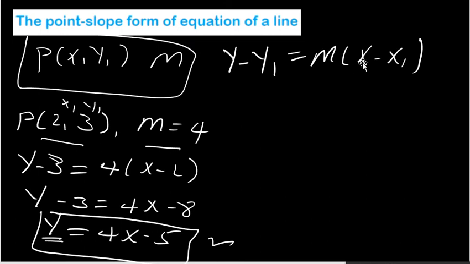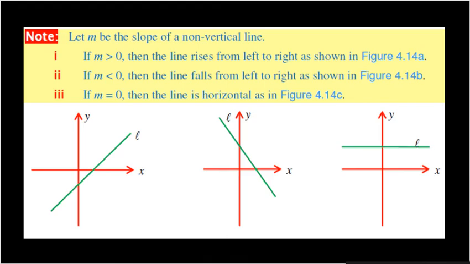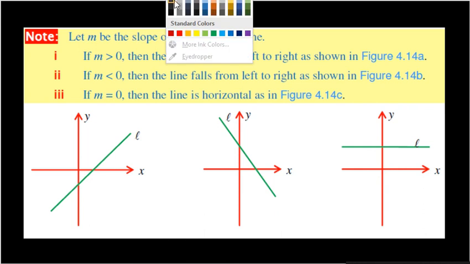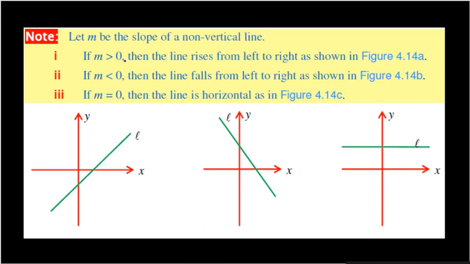So to conclude, if the slope is greater than 0, if it is a positive slope, we can say the line rises from left to right.